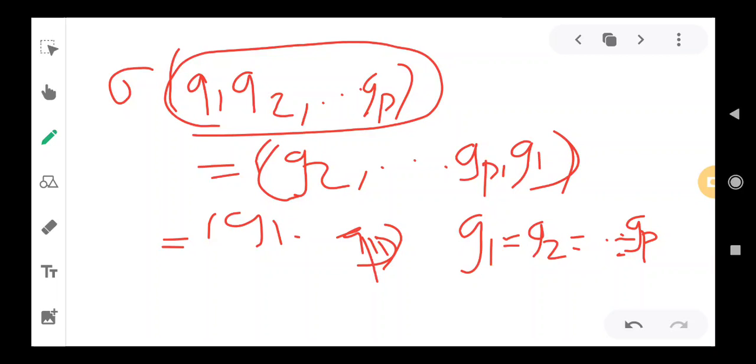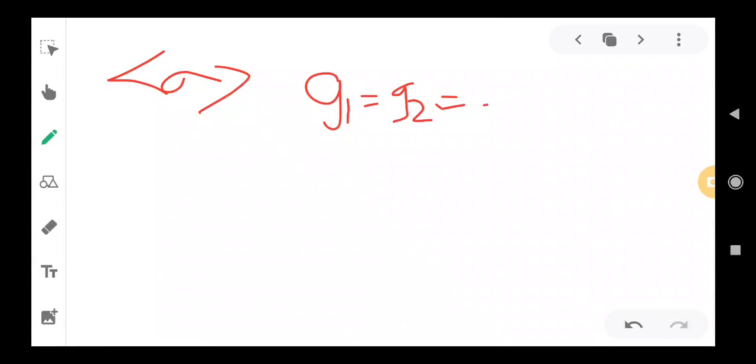So sigma fixes this tuple if and only if the entries are equal. So we can say the cyclic group generated by sigma also fixes (g1, g2, etc., gp) if and only if g1 equals g2 equals etc. equals gp.